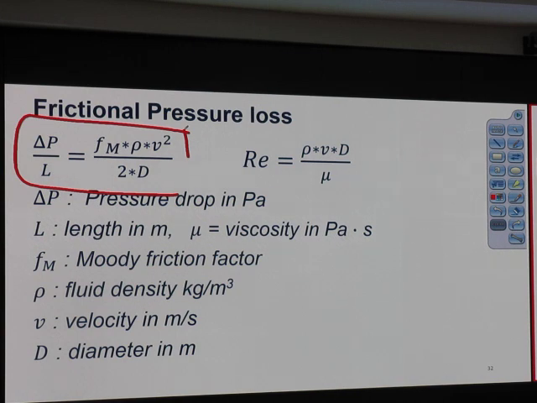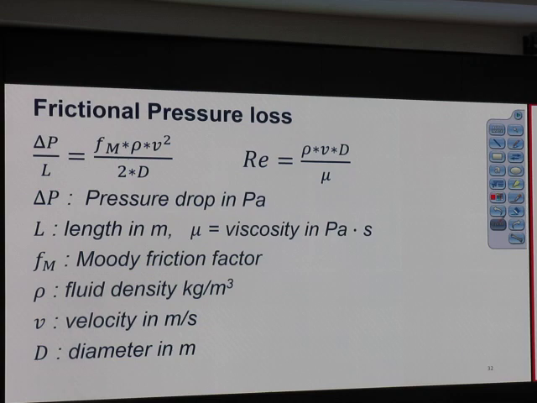Doesn't matter. Okay, this equation most of the time is for far away from the inlet, fully developed flow, because this F sub m, most of the time when we look at the Moody diagram, will be for fully developed flow. Okay, close to the inlet, we can have something else.